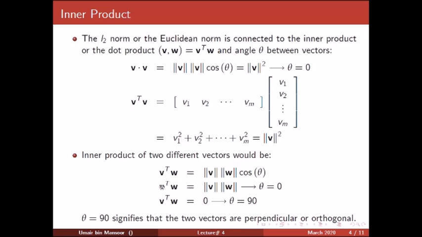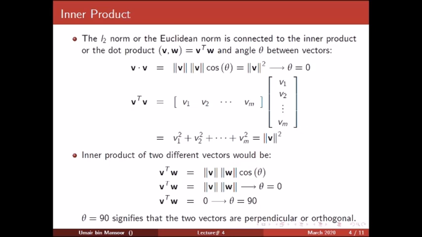When the angle between two different vectors, let's say v and w, is 0, that means considering two vectors v and w originating from the origin, when they are superimposed, the angle between them would be 0.